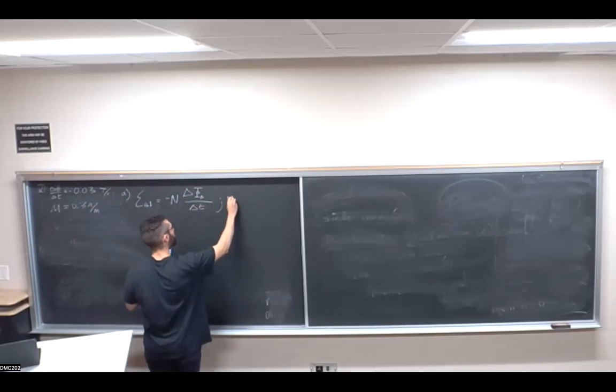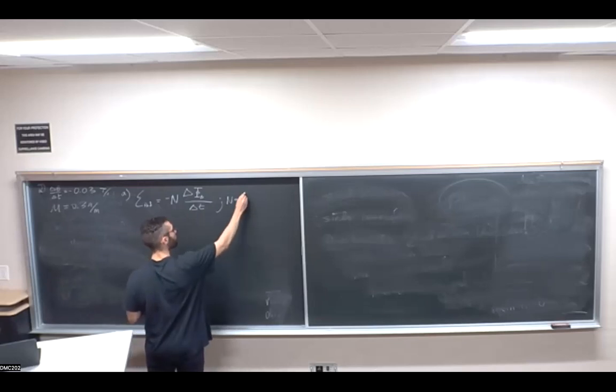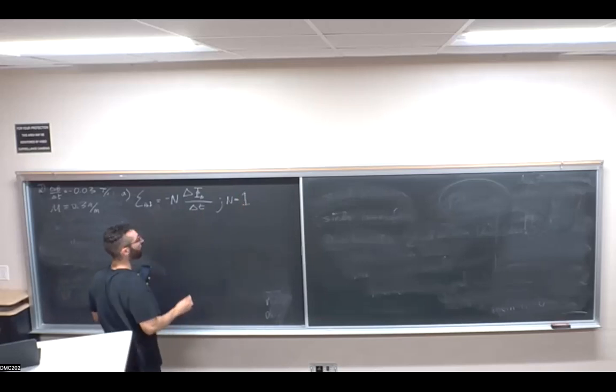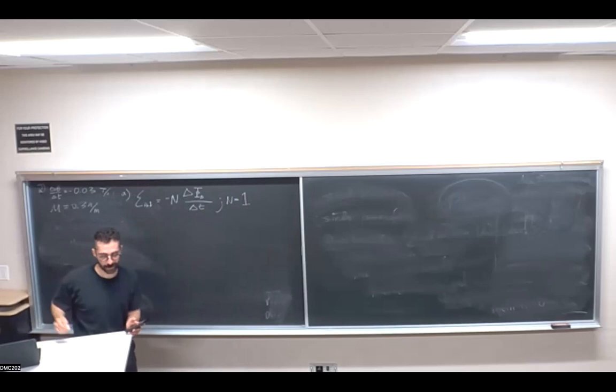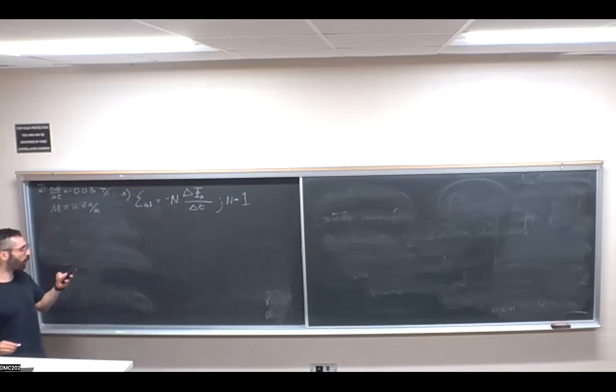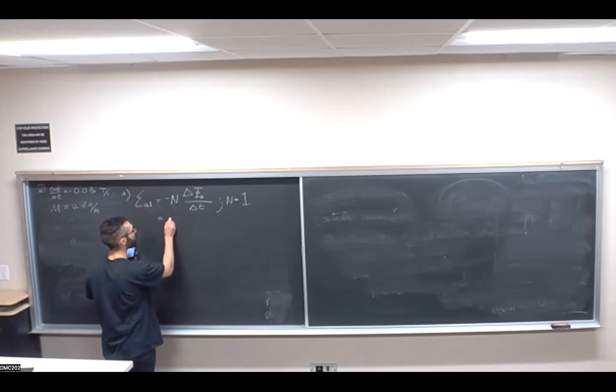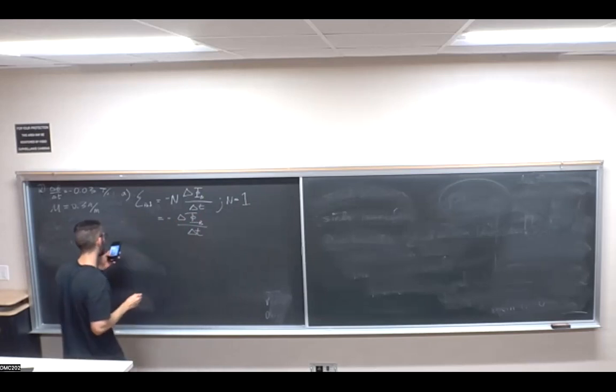What is N equal to? Anybody on Zoom know what N is equal to? Coils. It's 1. There's one loop, so we can just pop that out. We're left with minus delta Φ over delta t.